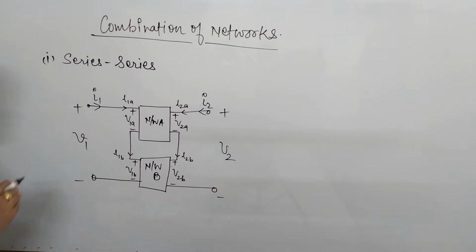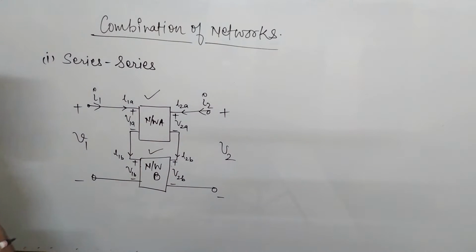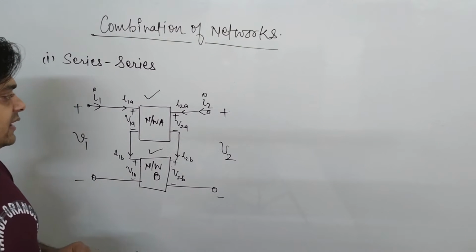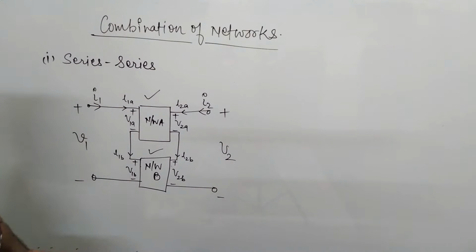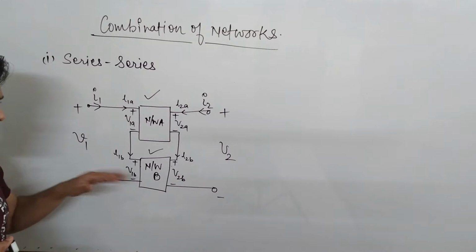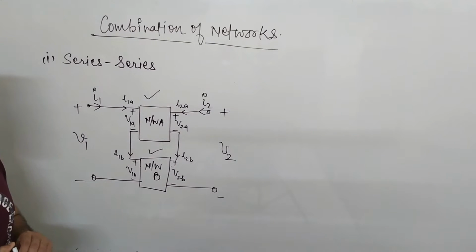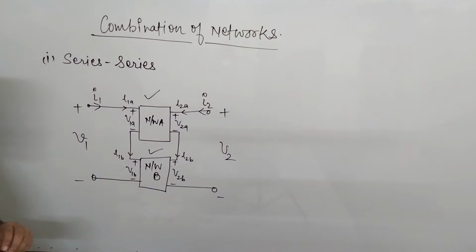So friends, this is our first condition in which these are the two networks, network A and network B, both connected in series. The meaning of series combination is whenever two or more networks are connected in series, the current through all the networks will remain the same, but there is a difference of potential depending upon the network.